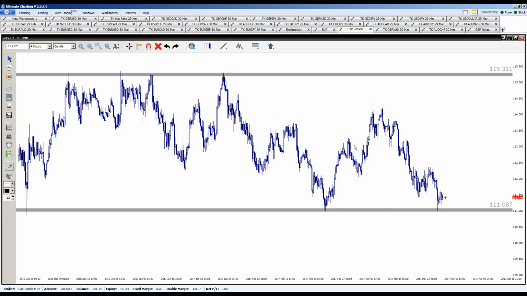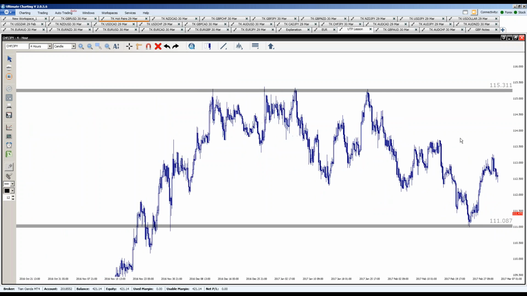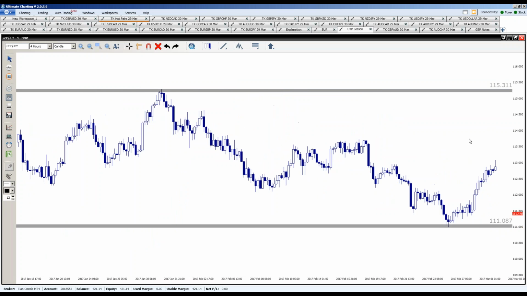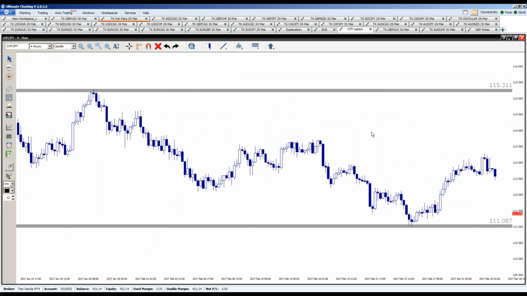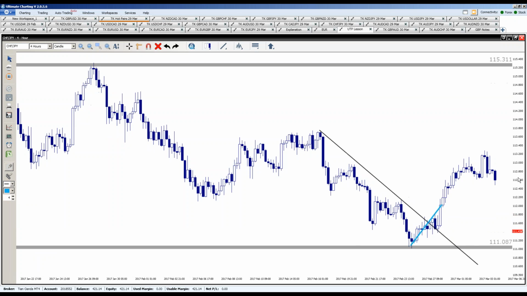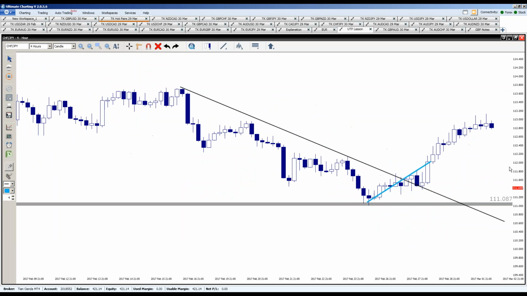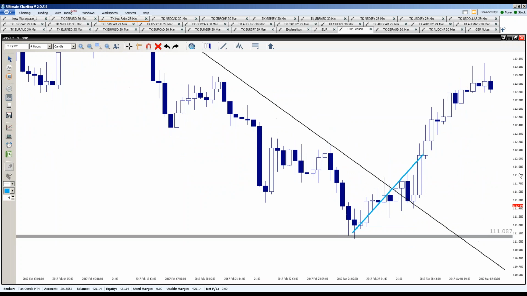Right, now, the only way to confirm that the market has indeed bounced at the consolidation support is to draw a downtrend line, wait for the market to break the downtrend line to the upside, and then you can look for a buy. Also, wait for a bullish candlestick formation.